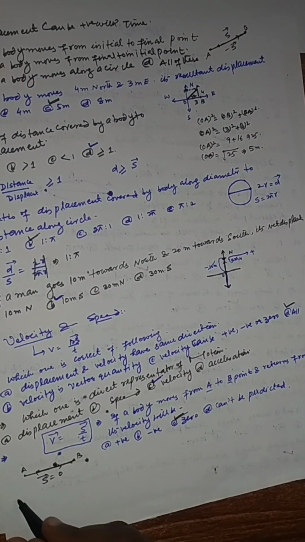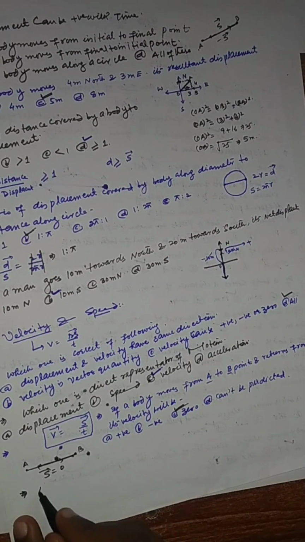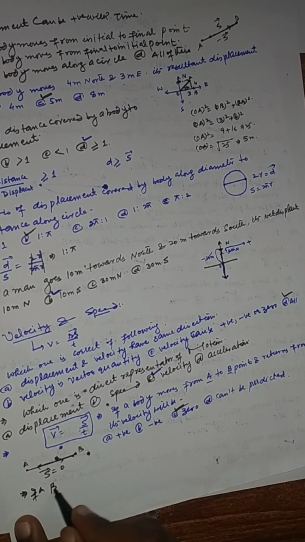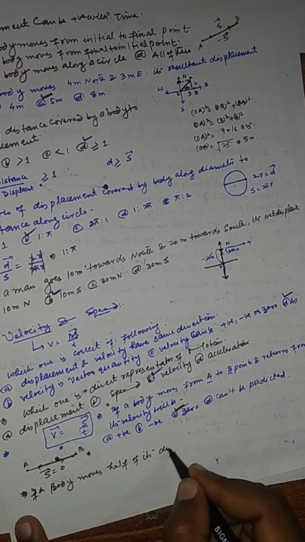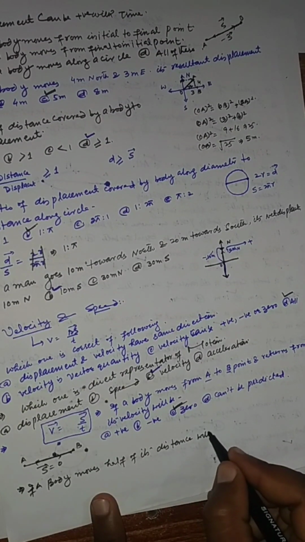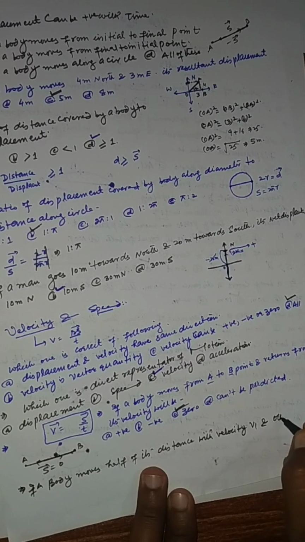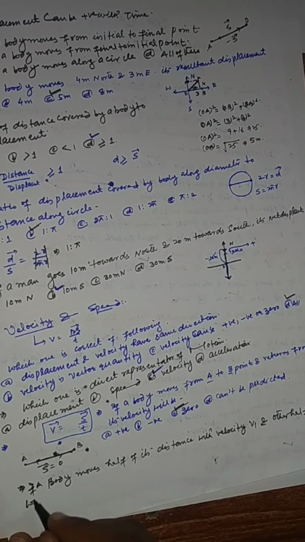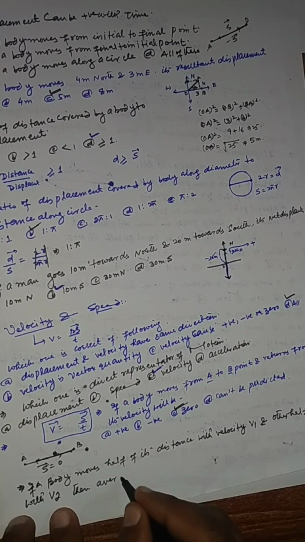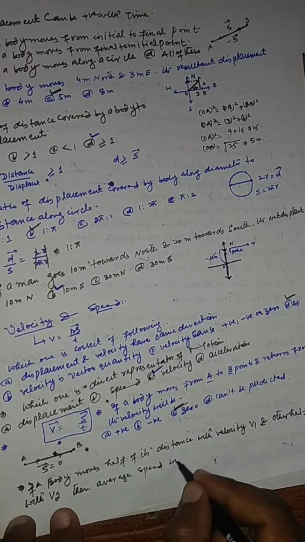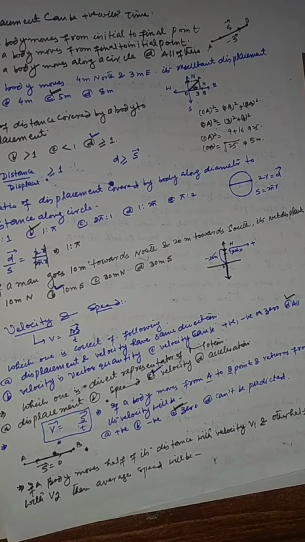Or if we take another one, if a body moves half of its distance with speed or velocity v1 and the other half with v2, then what will be the average speed, or we can say average velocity?